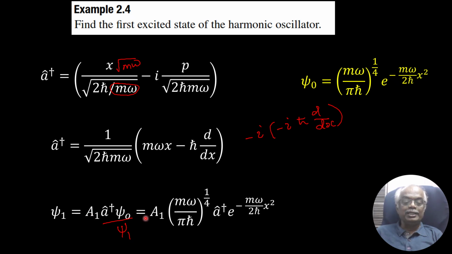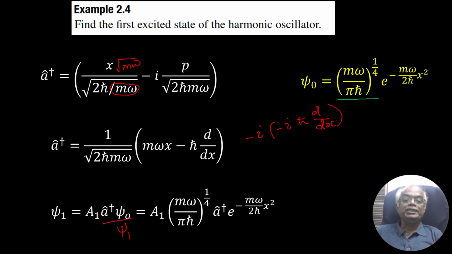So this will become A1 and this multiplicative factor. We have shown already that this is the normalization constant: m omega over pi ħ to the power 1 over 4 is the normalization constant for the ground state. And you have to multiply it by the multiplicative factor A1, and you have a dagger acting on this exponential term.